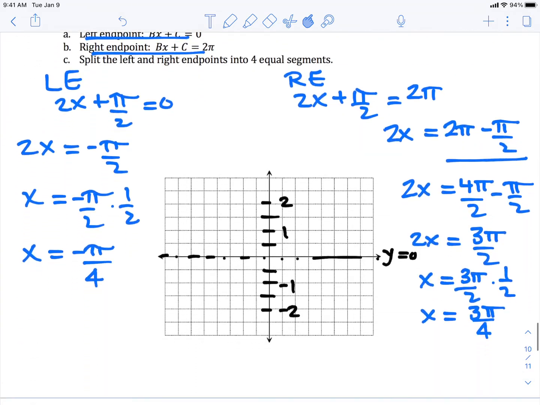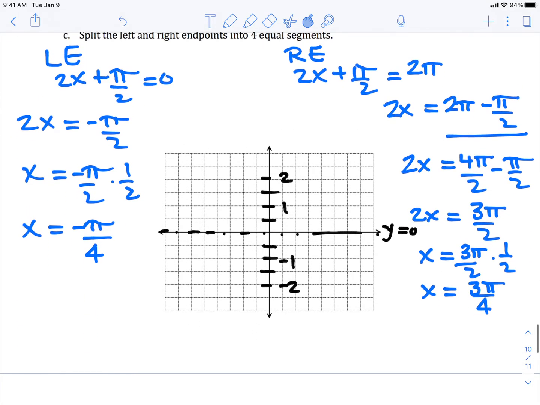Our length between the two endpoints is a period of pi. So I'm going to say this is negative pi over 4, increment, increment, increment. This will be 3 pi over 4. And then you want to find the halfway points. Need one more there.